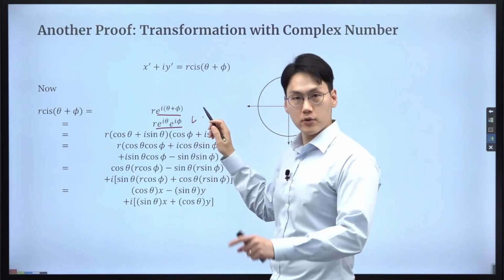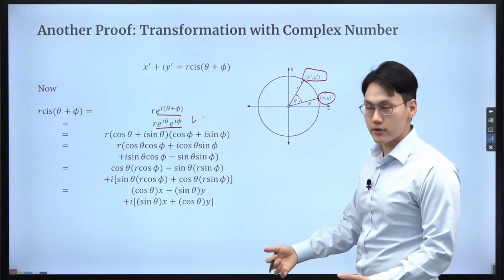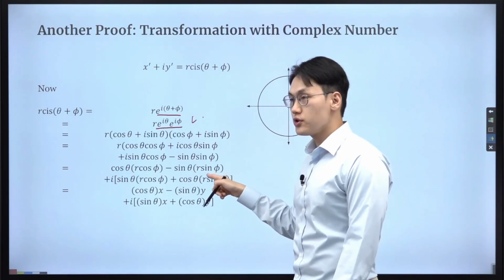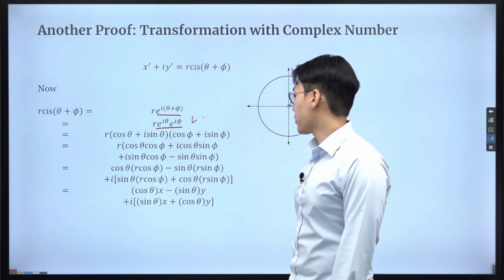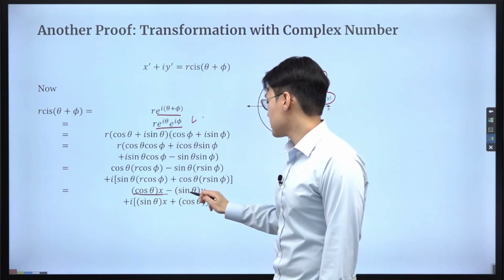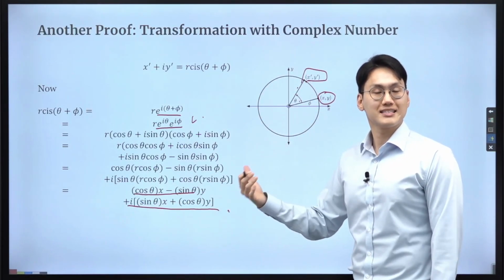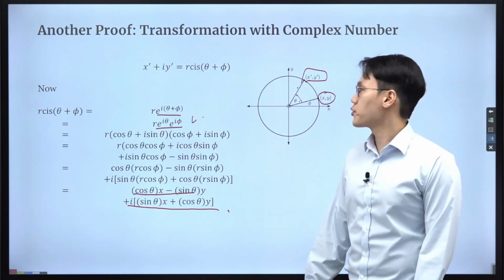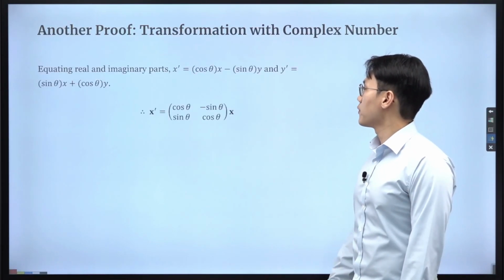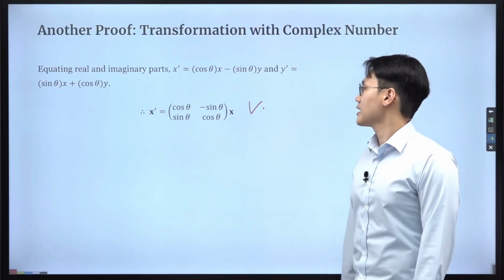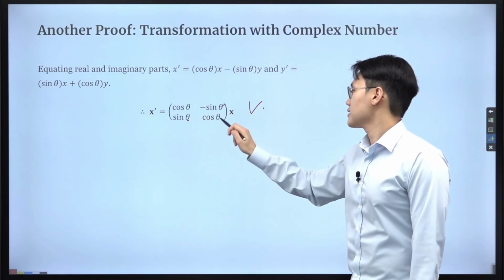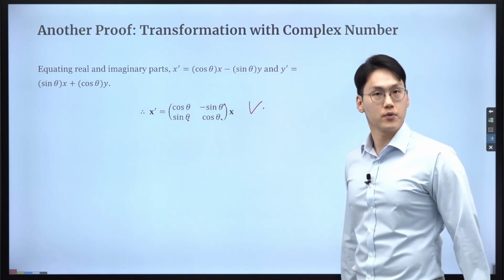If you distribute and compare the real and imaginary parts, you see that this is a system of linear equations, so you can come up with a matrix representation of the rotation: cosine theta, sine theta, negative sine theta, cosine theta, where the determinant is 1 for the rotation, isn't it?